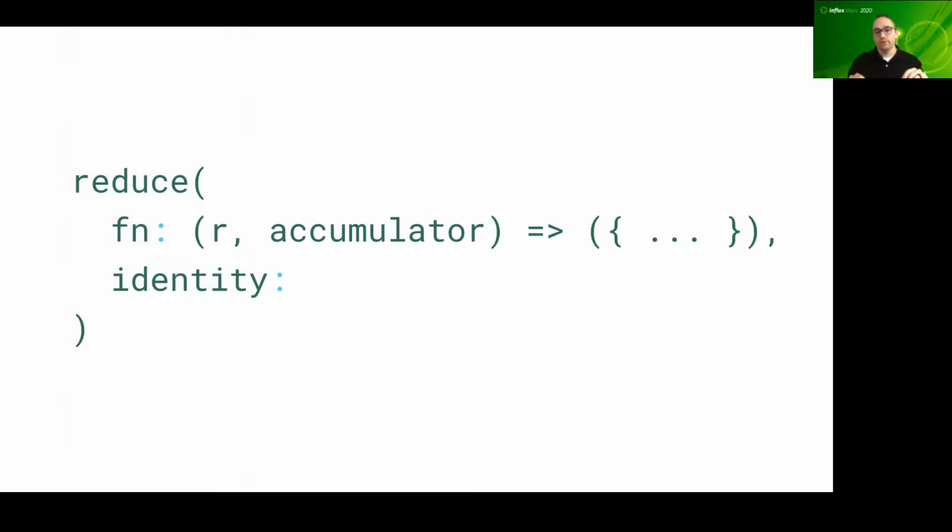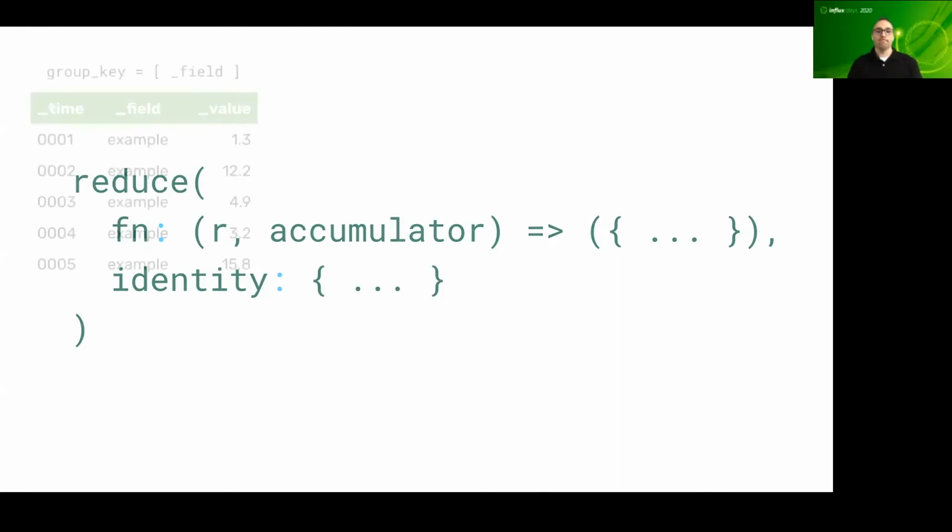This fn function actually builds a new record that then gets reused in the next iteration on the next row. The identity represents the initial state of the accumulator, because when you operate on that first row, there's no previous iteration to use, so it requires a default value, and that's where identity comes in.